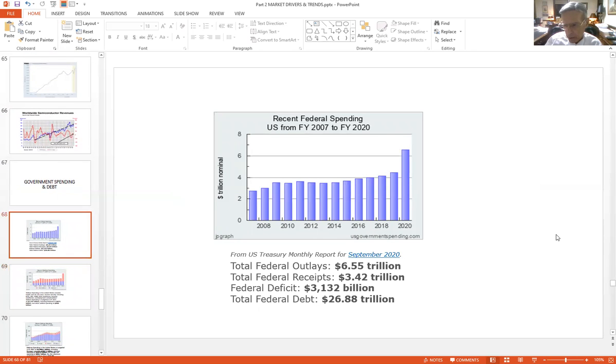Not only that, we know that, if you recall, there are additional disbursements underway to offset effects of the pandemic.